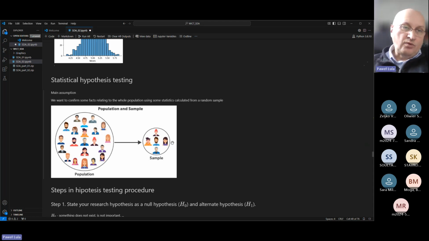But the role of classical statistics is different. The main goal is the verification of some statements. It is not discovering some regularities. It is for verification if the regularity which we described is true or not.